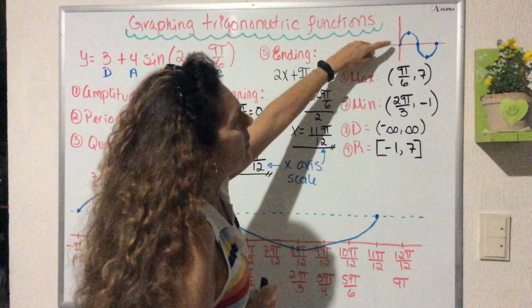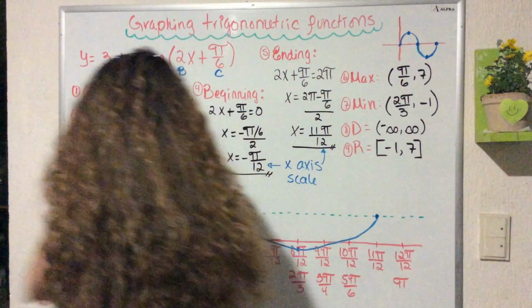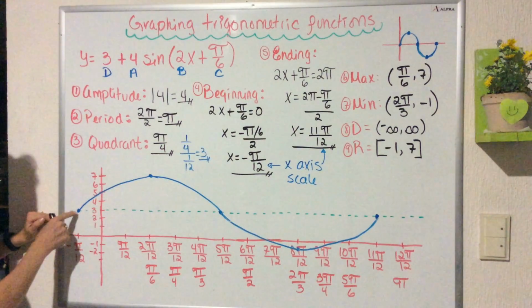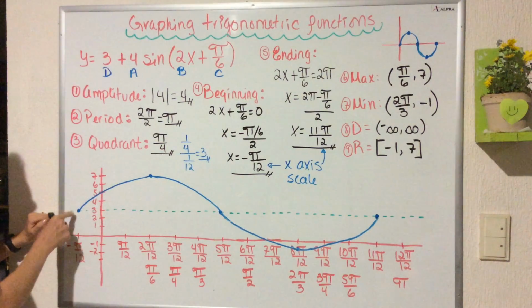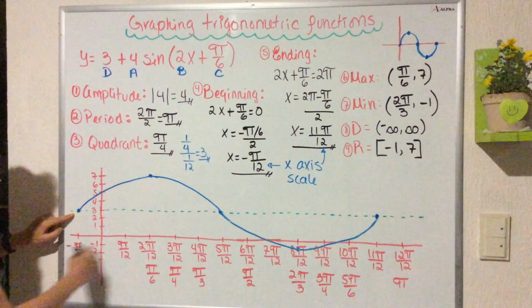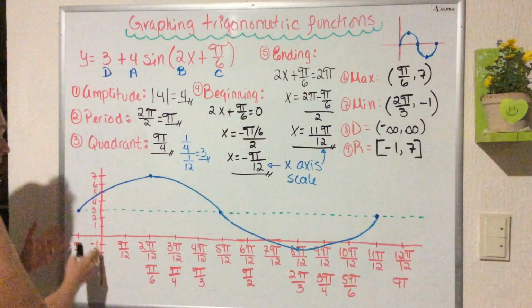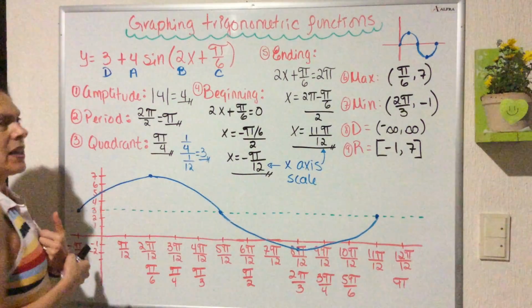So we're going to have the important 5 points. 1, 2, 3, 4, 5. So this is going to be my first important point. And later on, I'm going to start moving to the right, and I'm going to count. But how many twelfths? Let's see.